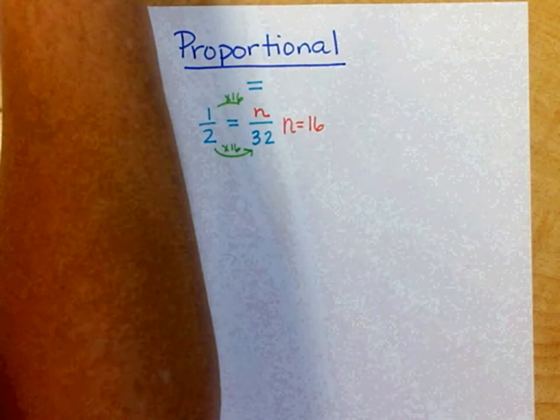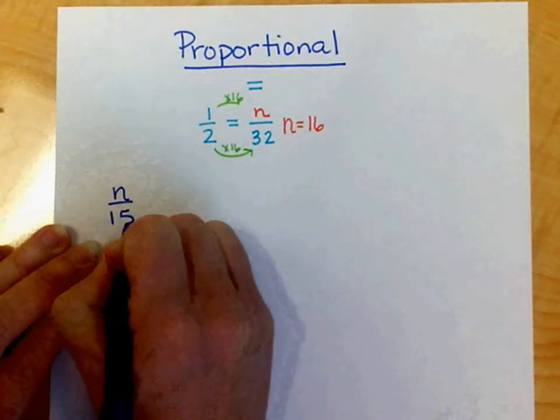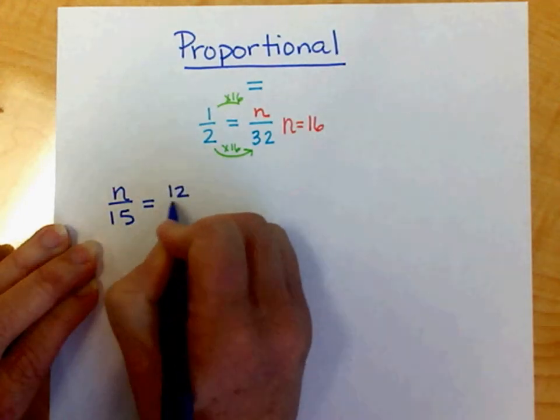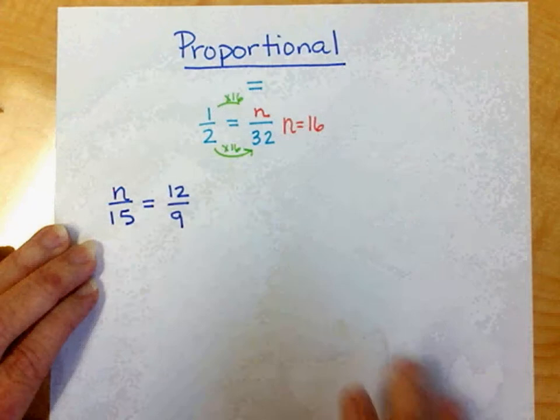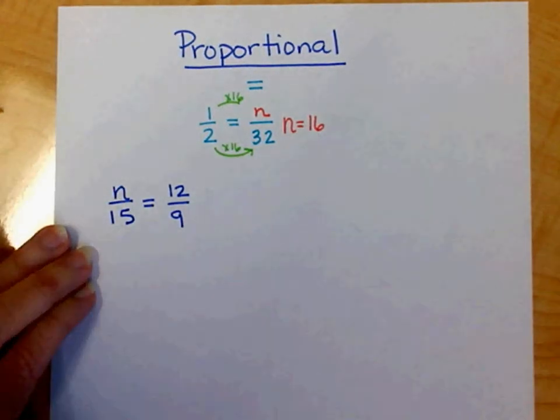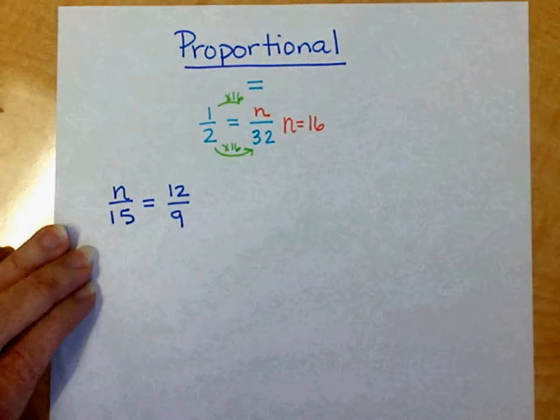If I have n over 15 and I want this to be equivalent to 12 out of 9, I have to be thinking about what I can do to the top and the bottom to get to that missing number. Now don't forget, this is just a ratio.